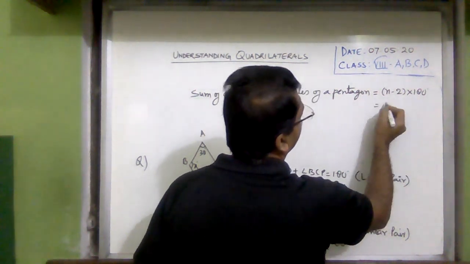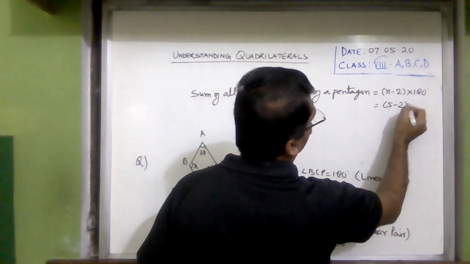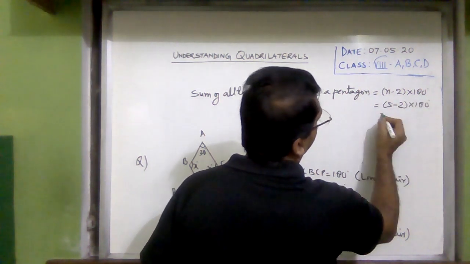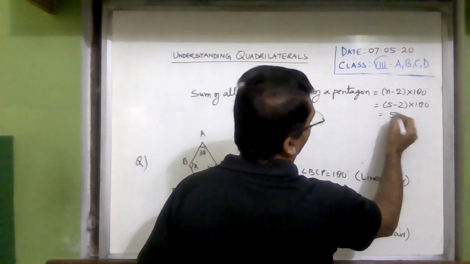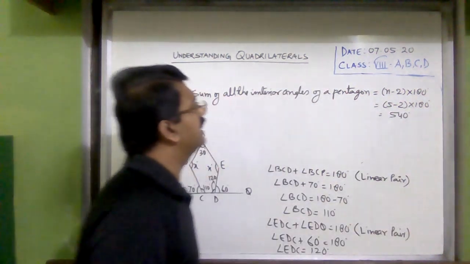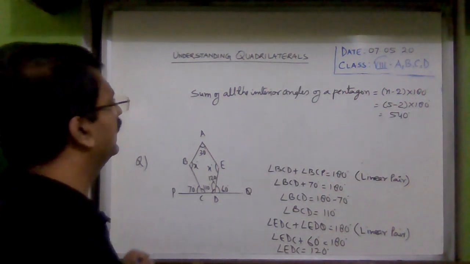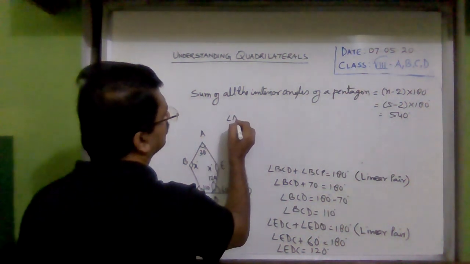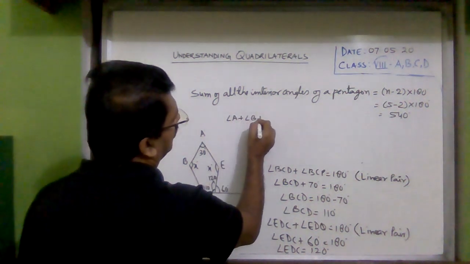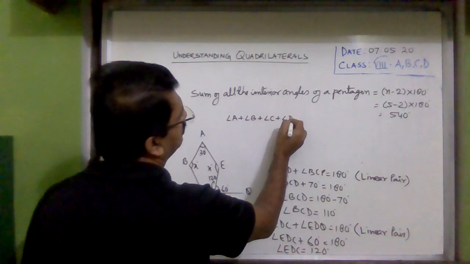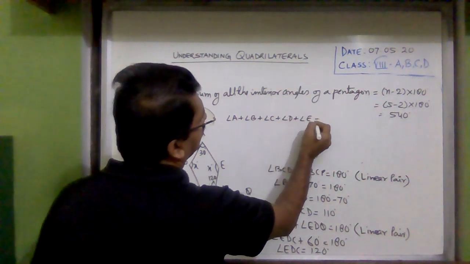Here n is 5, so 5 minus 2 into 180. 5 minus 2 is 3, and 3 into 180 is 540. So the sum of all the interior angles of a pentagon is 540, that is angle A plus angle B plus angle C plus angle D plus angle E is equal to 540.